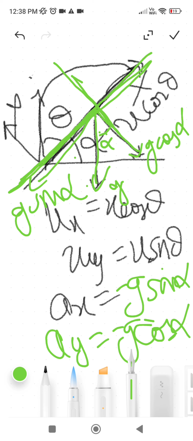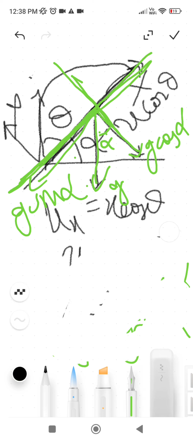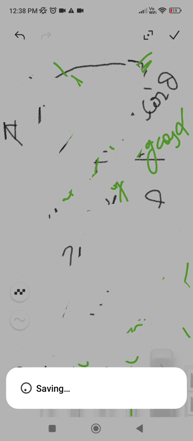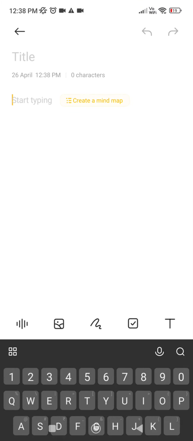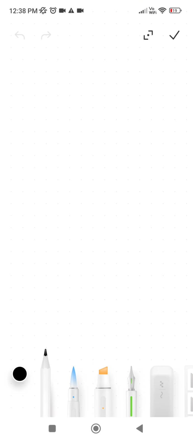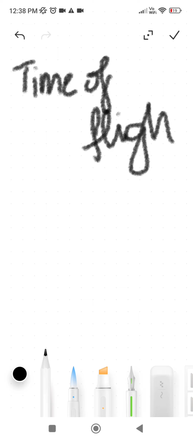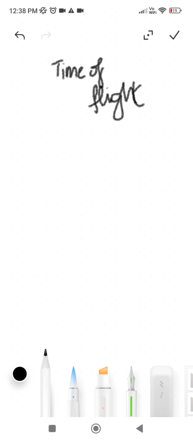So let me show you some derivations involved in projectile motion. The first derivation is to find the time of flight. So basically, what is time of flight?